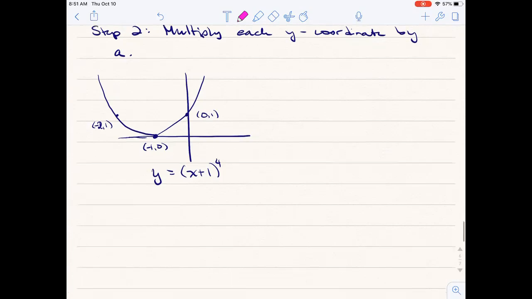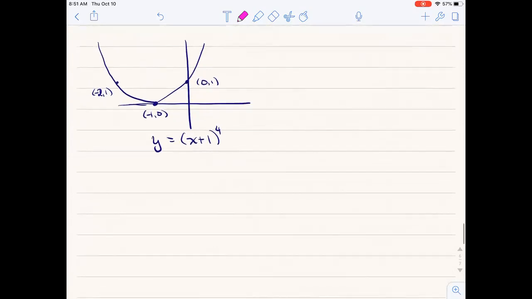So this becomes negative 2, negative 2. This stays at negative 1, 0. And this one becomes 0, negative 2. Run out of room a little bit.